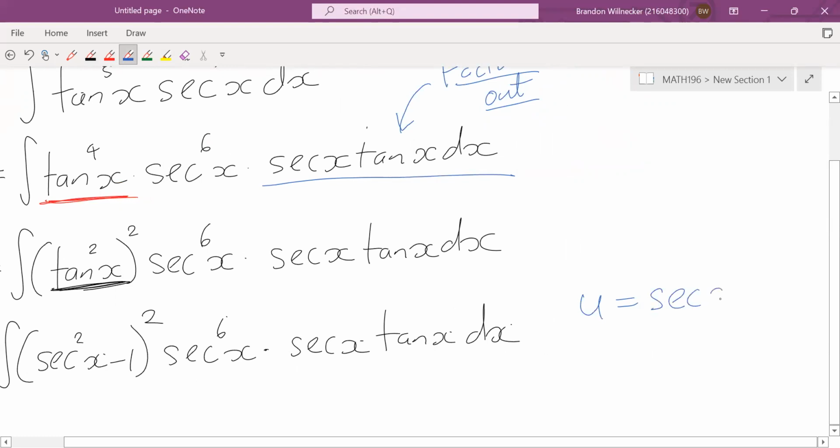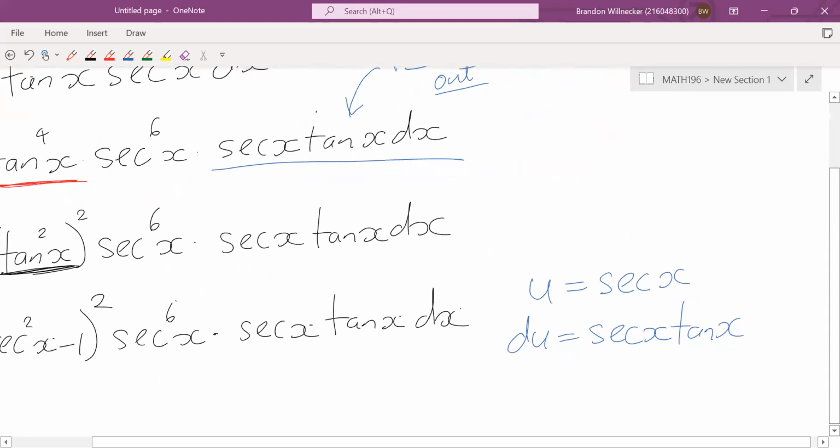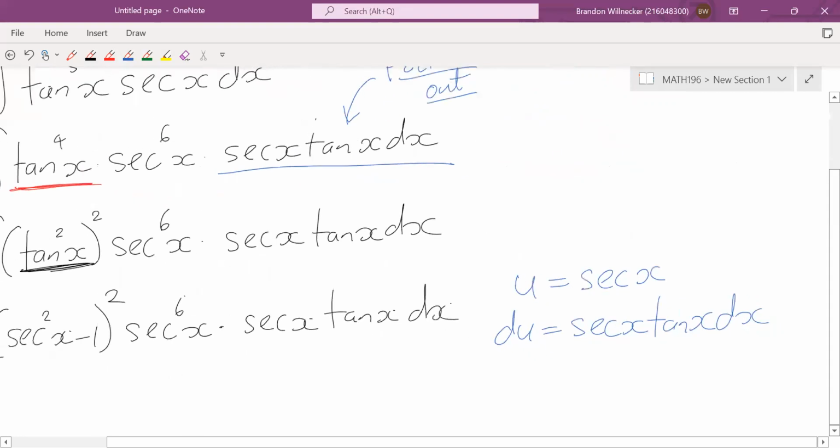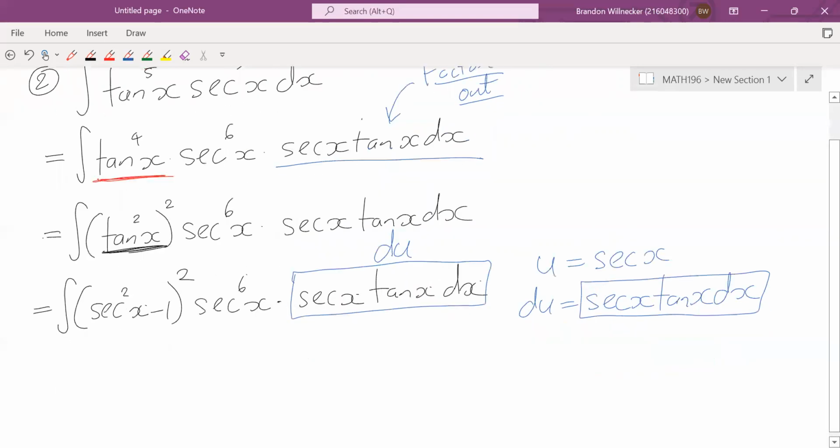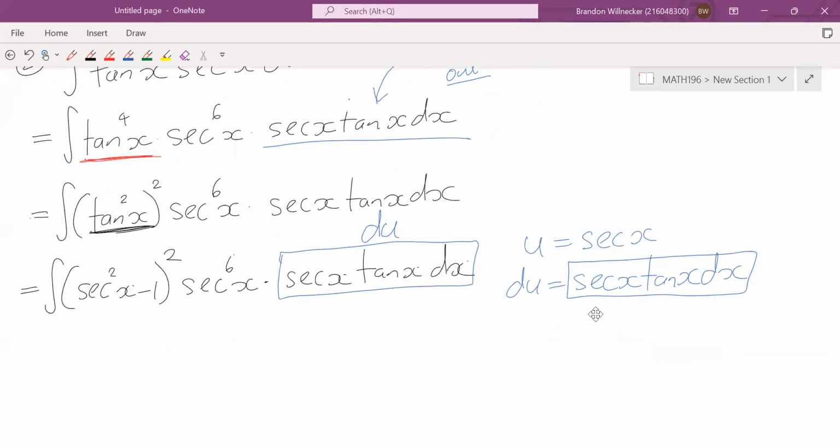So if U is equal to sec x, then du is going to be sec x tan x dx. Okay, which is good because that's the part we factored out over here. So all of this part becomes du, and everything with sec becomes u.